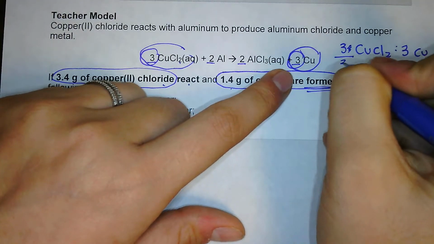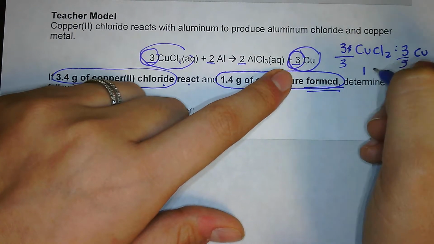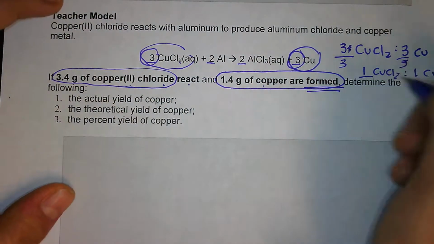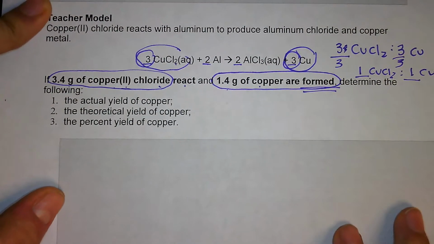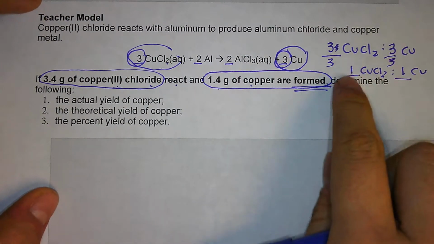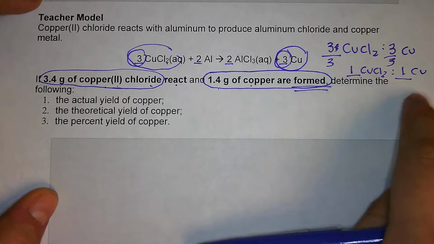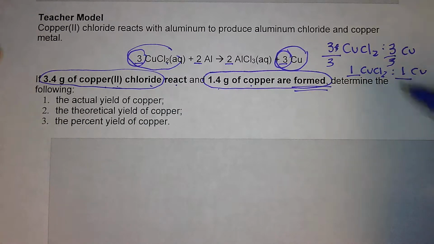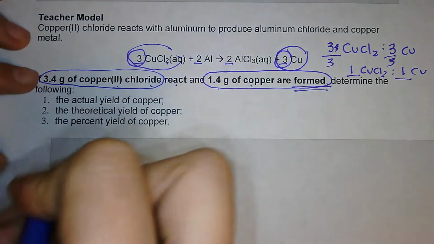If I divide both sides by 3, I get a 1-to-1 ratio. 1-to-1 ratios are really easy to deal with because whatever mole value you get, it's just going to be equal, and you don't really have to do that ratio fraction that we did on Tuesday or Wednesday.